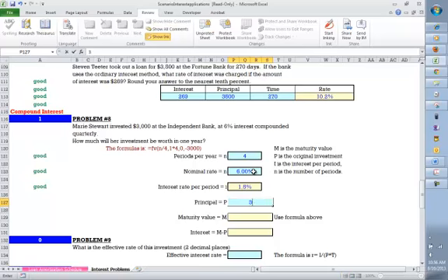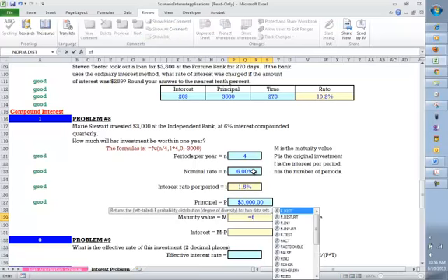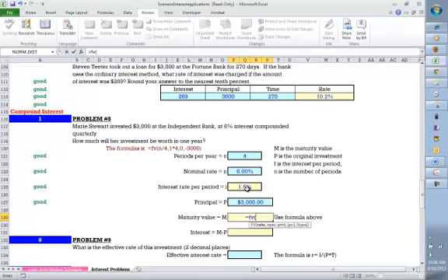And the principal is $3,000. The maturity value, according to the formula, is equals future value of the rate, 1.5%, times the number of payments, 4, times the payment, which is 0, times the present value, which is that.